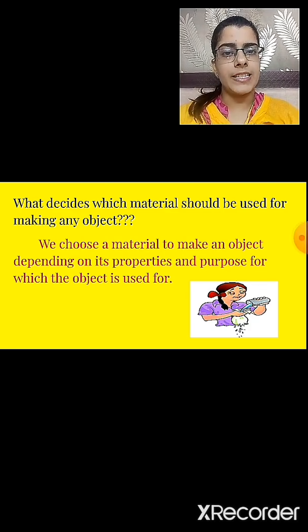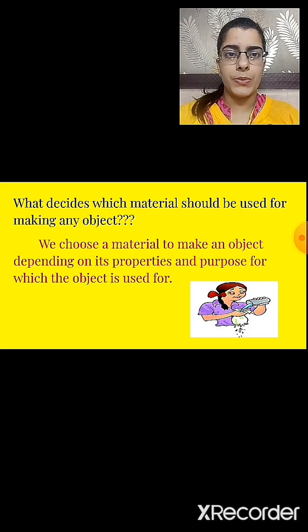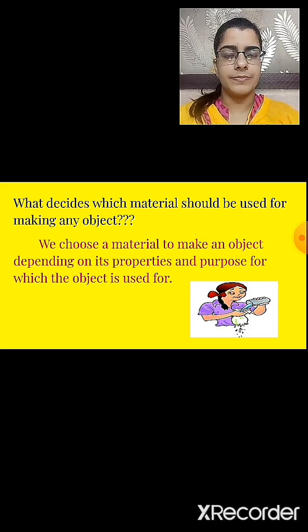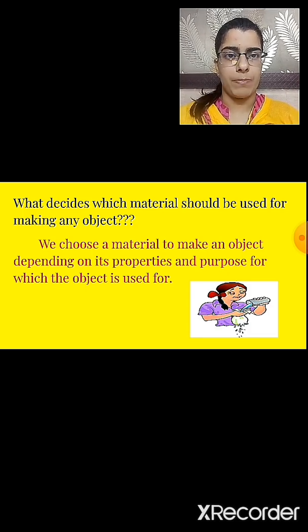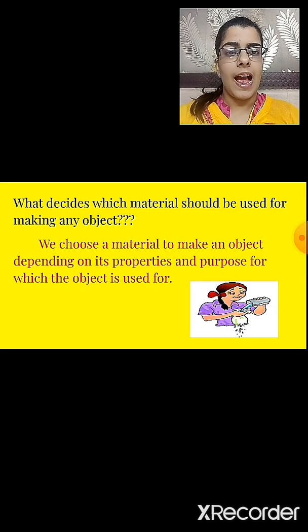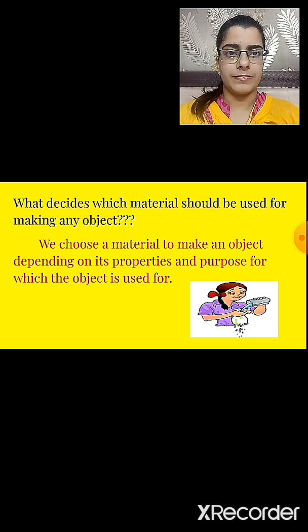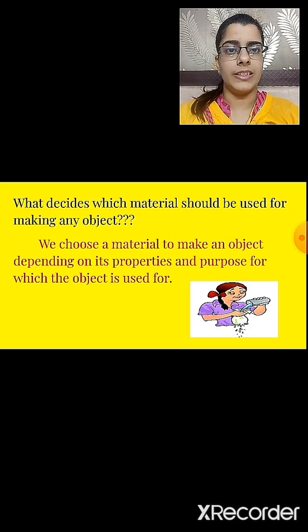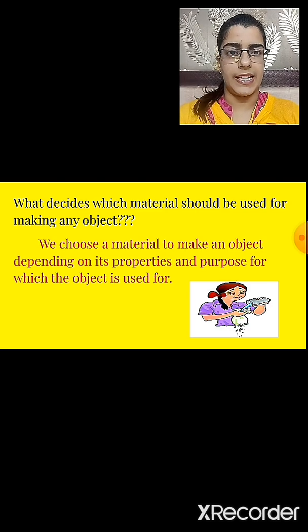But what decides which material we should use to make an object? So, to make the object, we have to choose a material depending on its property. So, what property does the material possess and for what purpose is the object used? Depending on these two factors, we choose the material.